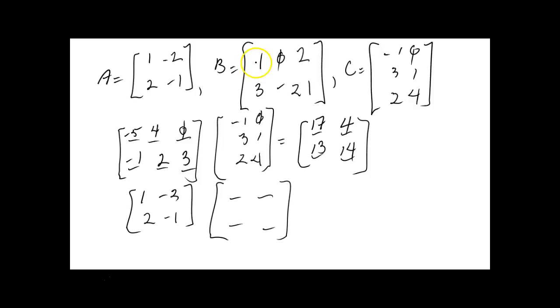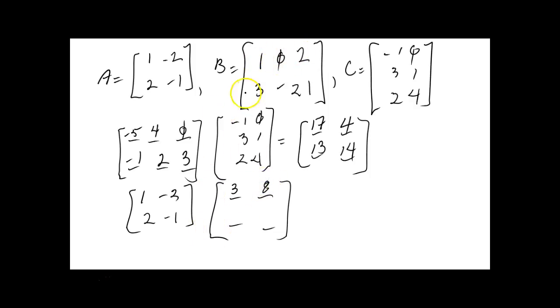That gives us, the 1, 1 entry, first row by first column, minus 1, 0, 4, so that's going to be a 3. The 1, 2 entry, first row by second column, 0, 0, 8.